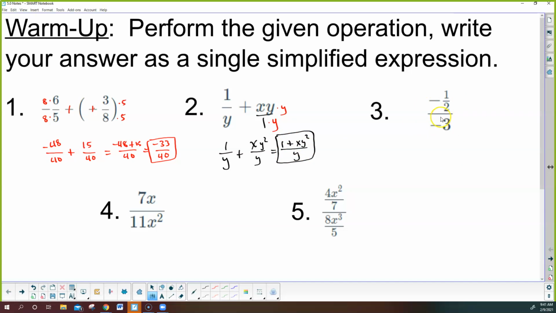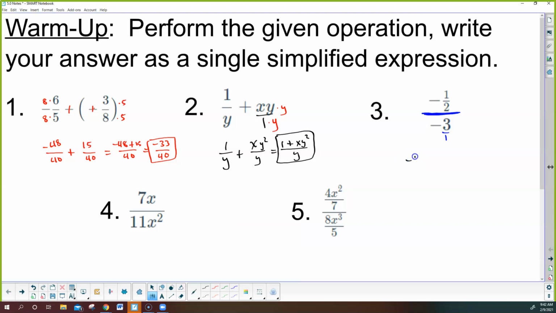This one always tends to get kids. So the way I like to think of it is I've got negative 1/2 divided by, I usually make this sign really big, divided by negative 3. Well, I don't like to divide a fraction by a number. I like to think of this as a fraction divided by a fraction.